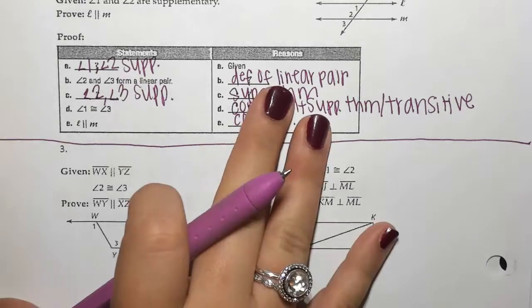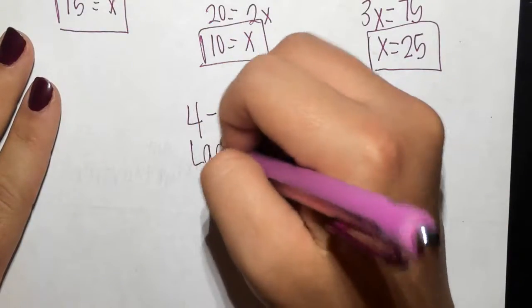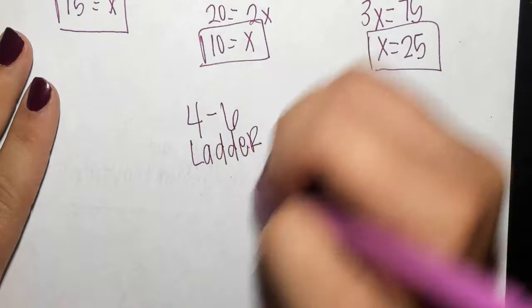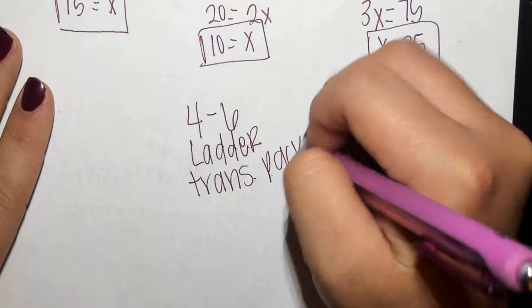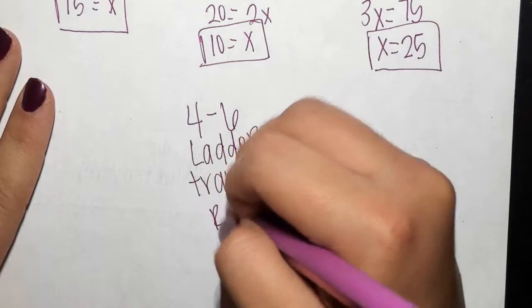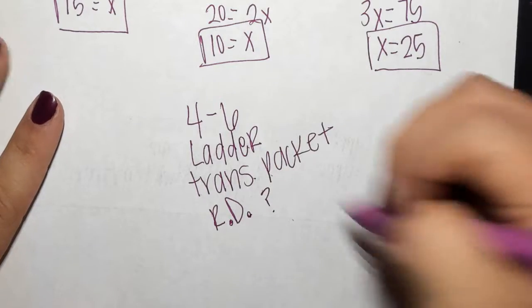All right, in the next few minutes, here is your task. You need to finish 4 through 6. You need to finish your ladder thing and turn that in. You need to finish your transversal packet and your rough draft. Now, your rough draft isn't for points. It's just to help you.